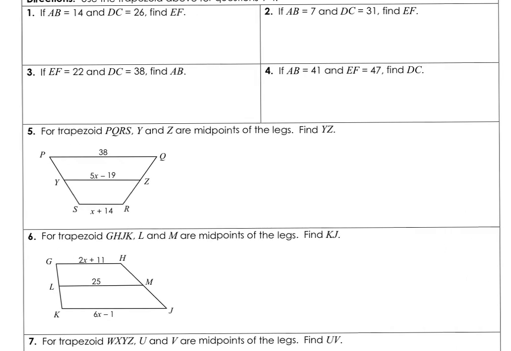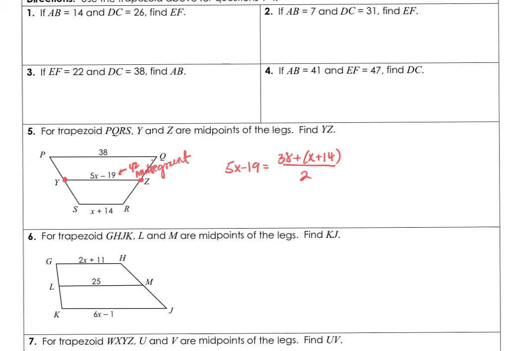So for an example here, I'm going to jump us right into number 5. For a trapezoid PQRS, Y and Z are midpoints of the legs. Okay, perfect. So that means that this YZ is a midsegment, just because they said Y and Z are midpoints of the legs. Find YZ. So again, remember that the midsegment is equal to the average of the two parallel sides. So side PQ plus side SR divided by 2.